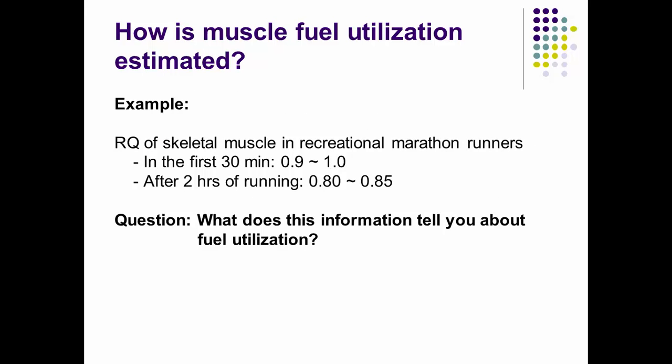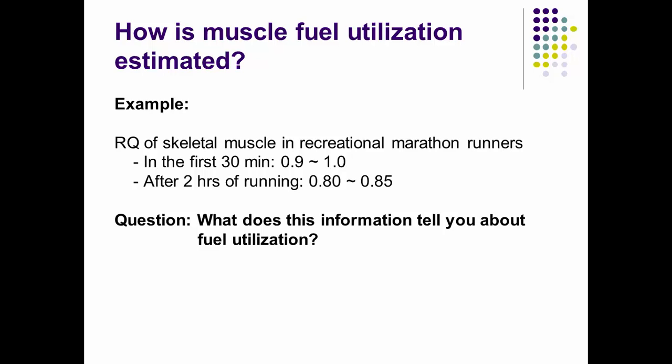So here's an example of how we use this RQ to estimate how much fat or carbohydrate is being used during exercise. For example, the RQ for skeletal muscle in recreational marathon runners: in the first 30 minutes of running, when we measure the RQ of these individuals, it is between 0.9 and 1, right?